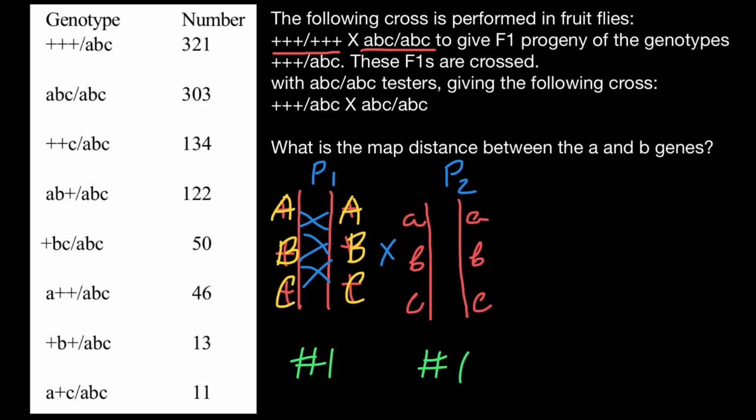The same is true for parent 2. If crossing over happened here, would we get new variants of the chromosomes? No: small a, small b, small c, and small a, small b, small c. So it doesn't matter where crossing over happens, it results in the same set of alleles.